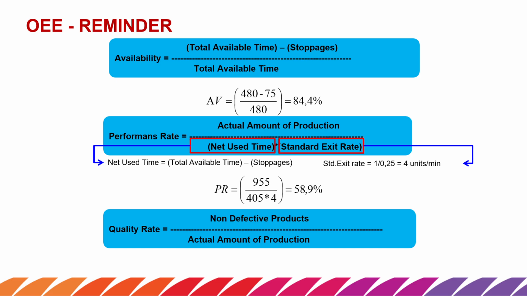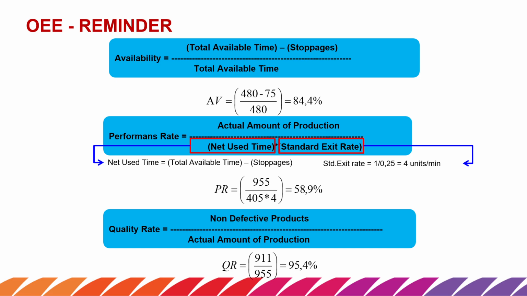So we will divide 955 by 405 divided by 0.25, and then the answer is 58.9%. So our performance rate is 58.9%. For quality rate, we will just divide the number of OK products by the number of total products produced. That will be the quality rate, that will be 95.4%.